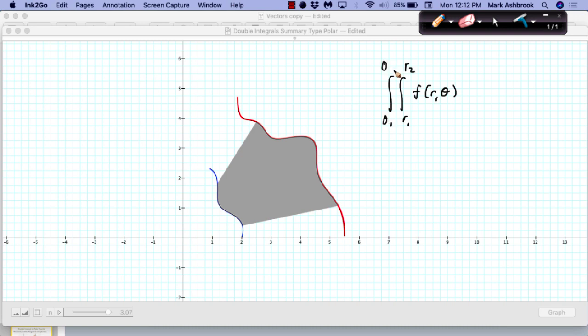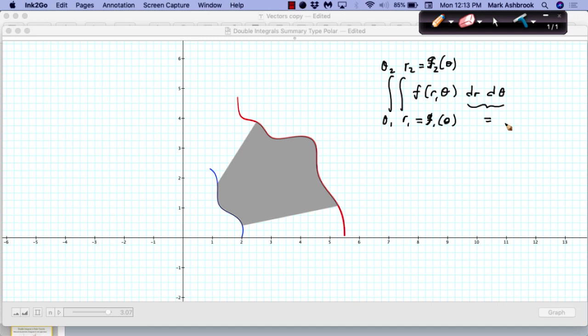Now, what I'm showing you there is that those r's could be functions of theta, right? So f1 of theta, f2 of theta, not f, call it g. Now the question is, is it just simply dr d theta?